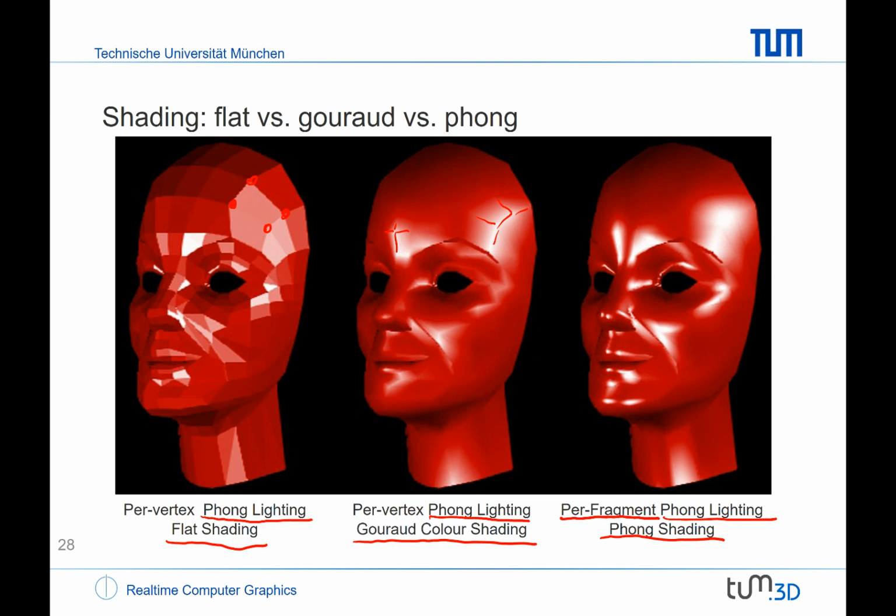Because the Phong shading does a linear interpolation of the normal vectors across the polygons. And if we now look at what happened at the transitions between different polygons, we could say that in Gouraud shading, we have just a continuity of the color values at the transitions between two polygons.